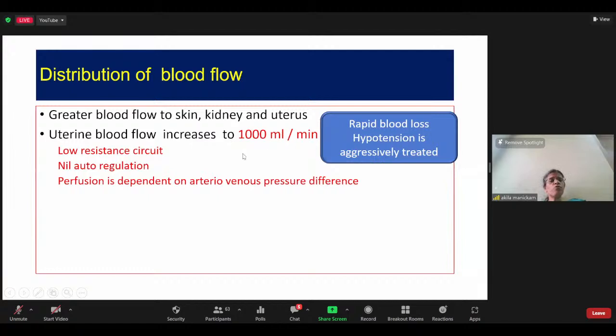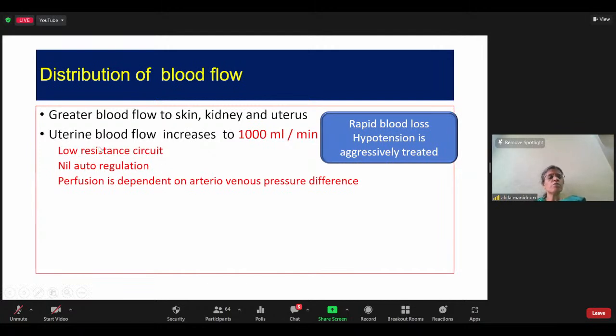The flow is a low resistance circuit, and there is nil autoregulation. So the perfusion is entirely dependent on your arterial pressures, venous pressures, and the vascular resistance of your placenta. These are the things that ultimately decide the fetal well-being.